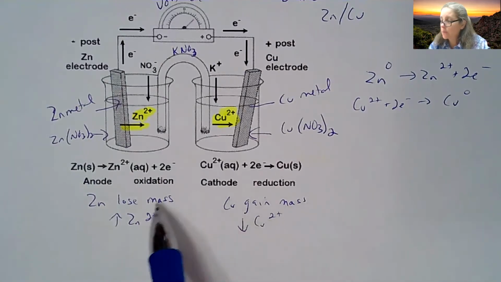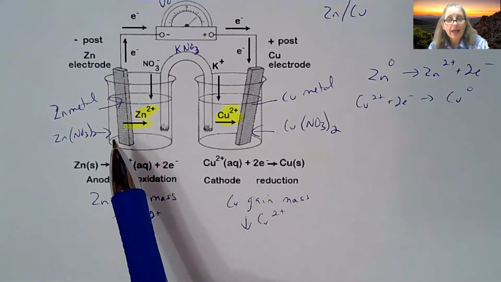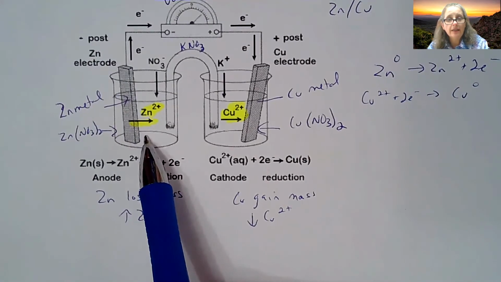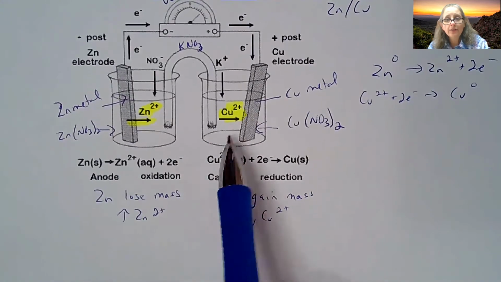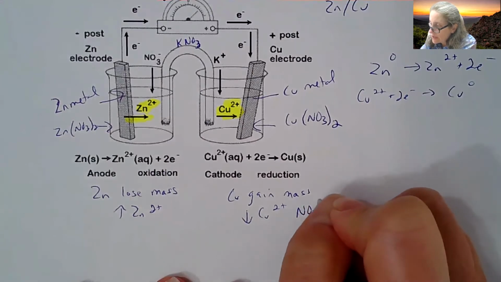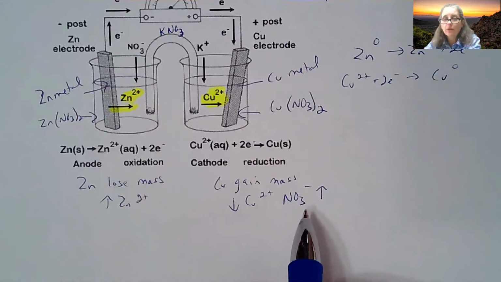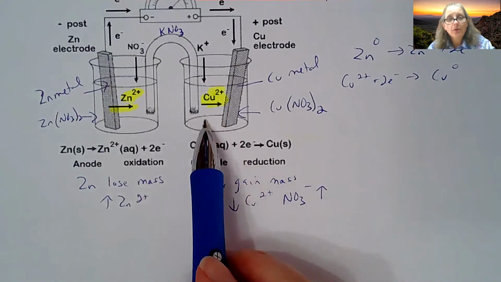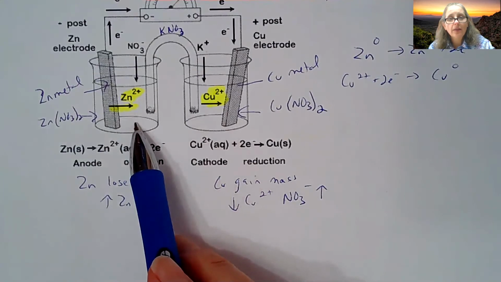So here is why we need the salt bridge. I have a buildup of a positive charge over on the left in the anode, and over here on the right, because the copper 2+ is going down, I actually have a lot of NO3- floating around in there without a partner. So what I have is a buildup of a negative charge on the right and a positive charge on the left.